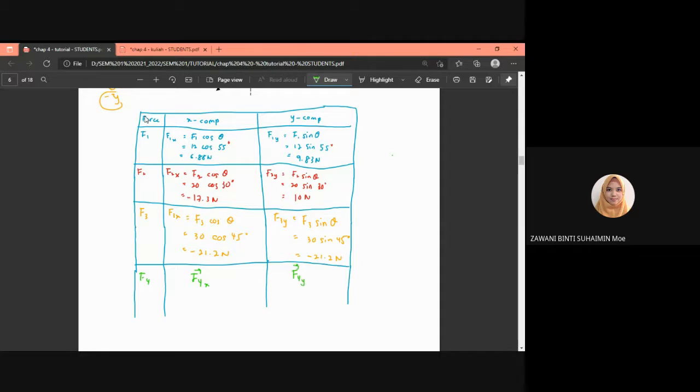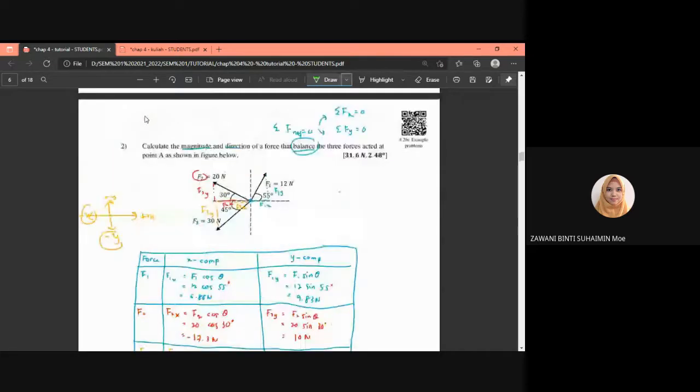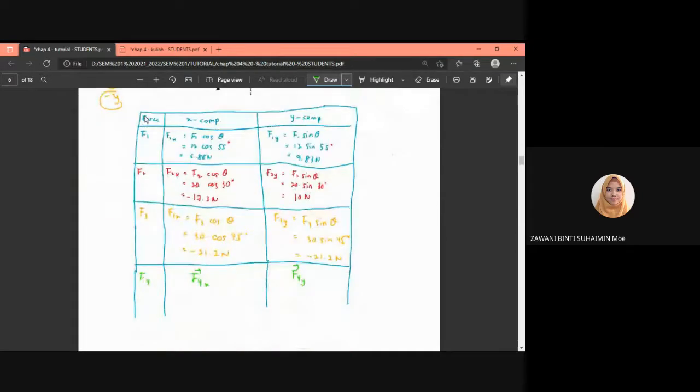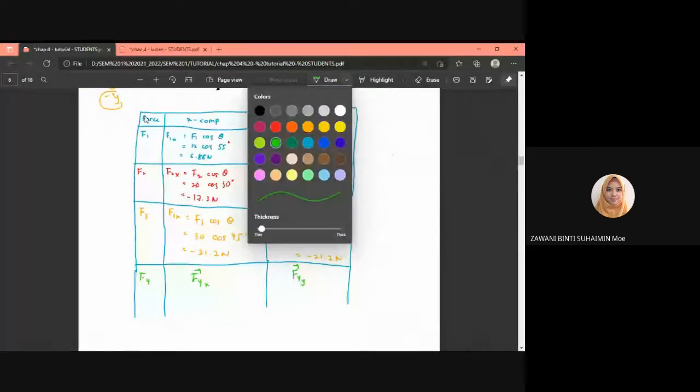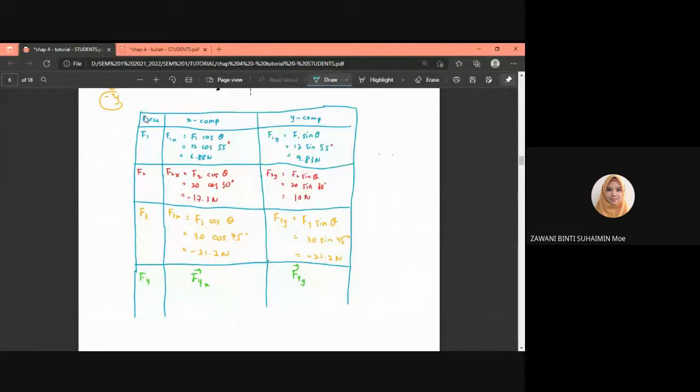Untuk kita jadikan sistem ini balance, kita kena tahu bahawa summation of Fx will be equal to 0, summation of Fy will be equal to 0. Maksudnya kita kena sum up all the equation daripada X dan Y component supaya kita boleh dapat sama dengan kosong.